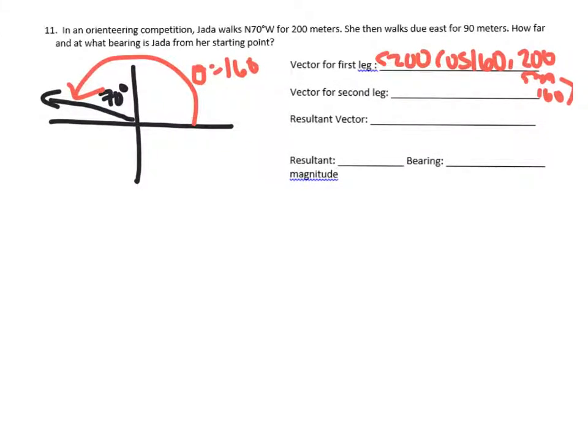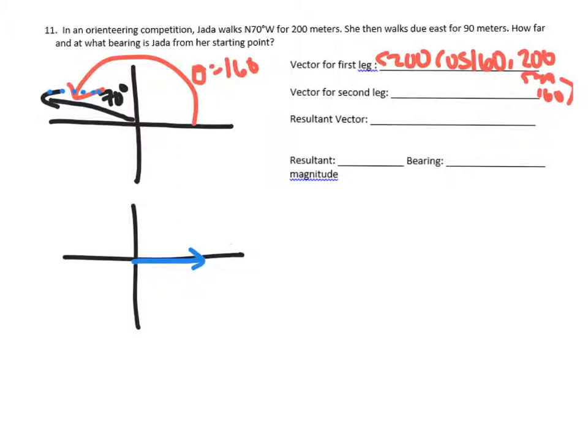Then for the second leg of her trip, she goes due east for 90 meters. So basically you would be adding them to the end of this. But unless you graph correctly, you're going to have a hard time sometimes knowing where your resultant would be.